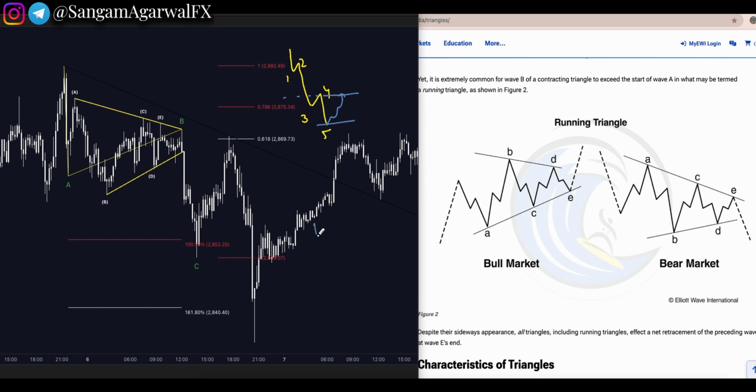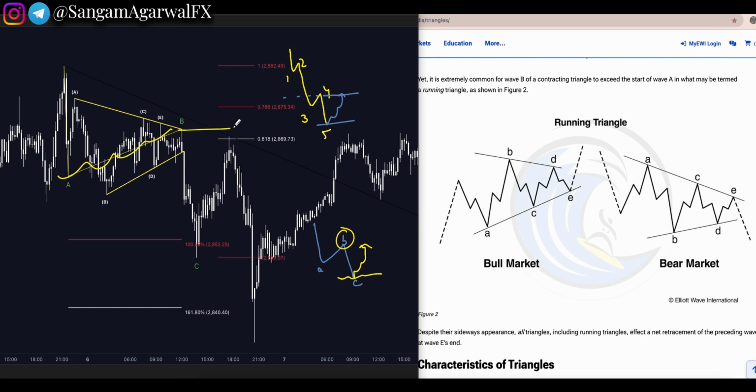But in an ABC corrective wave, when the market goes up, makes a counter trend correction, the market goes up to the high of wave B. Here we have a triangle pattern, not a zigzag.